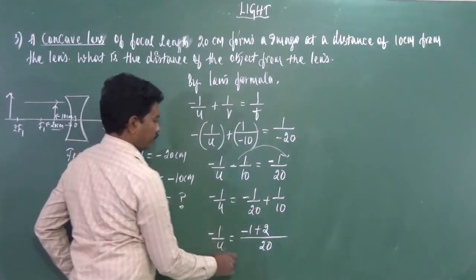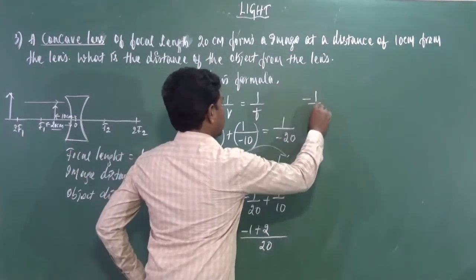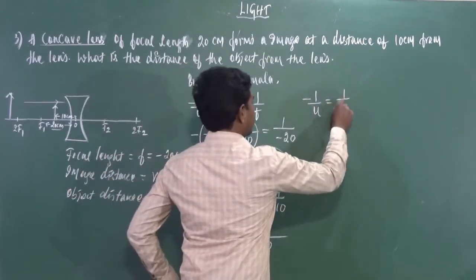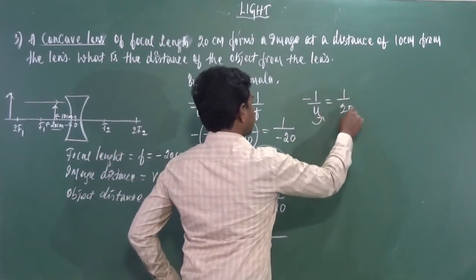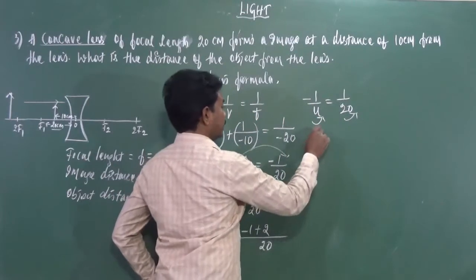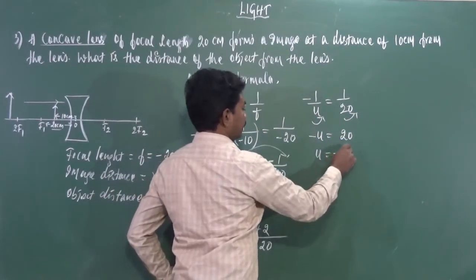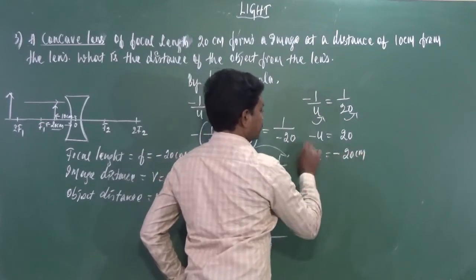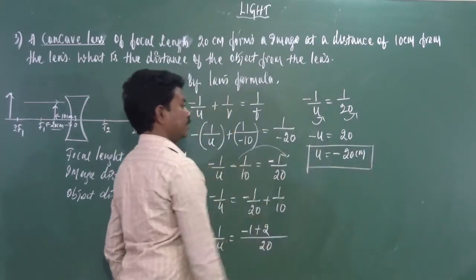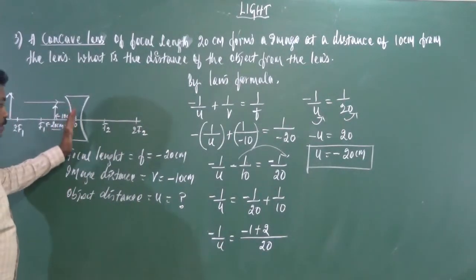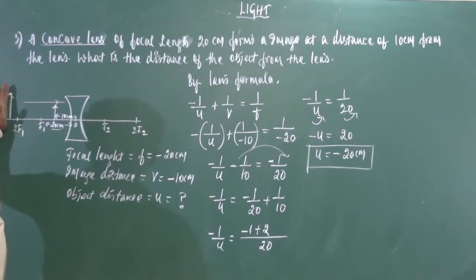So minus 1 by U is equal to minus 1 plus 2, which is 1 by 20. So when we take reciprocal on both sides, minus U is equal to 20. So U is equal to minus 20 centimeters. So where should the object be placed in front of the lens? The object has to be placed at a distance of 20 centimeters from the lens.